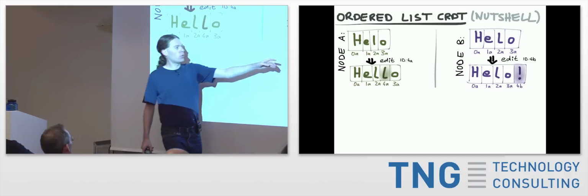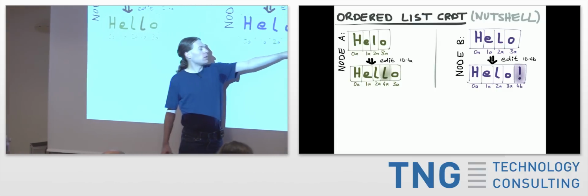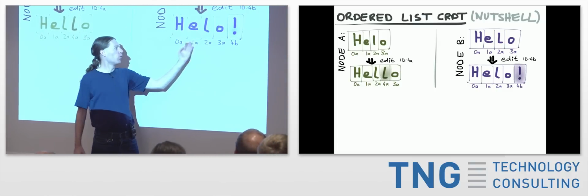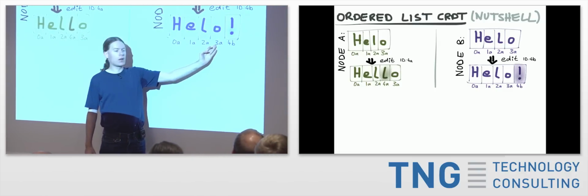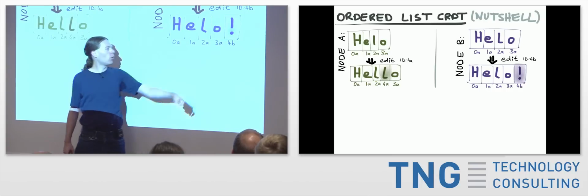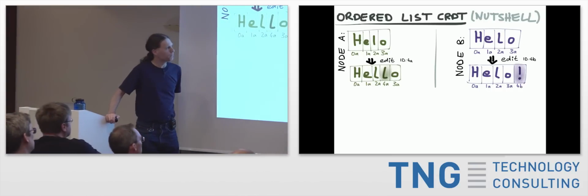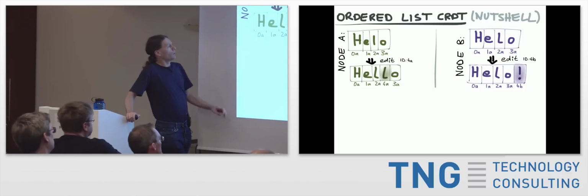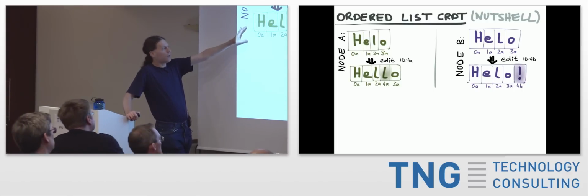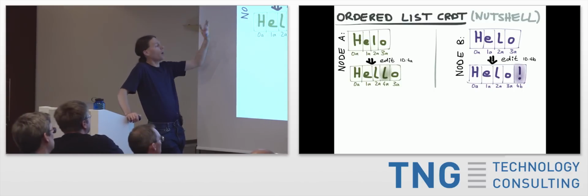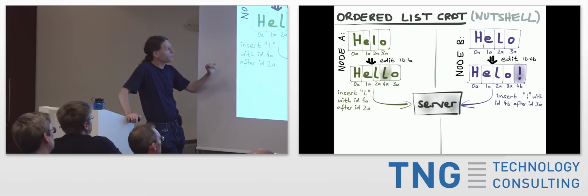And on the right-hand side, if we insert the exclamation mark, it gets an ID of 4B, because it applies the same rule. We pick 1 greater than the greatest number we have, so 1 greater than 3 is 4, but we attach the node identifier B to it. And so we give each edit a unique identifier, and that unique identifier becomes the identifier of that inserted character.